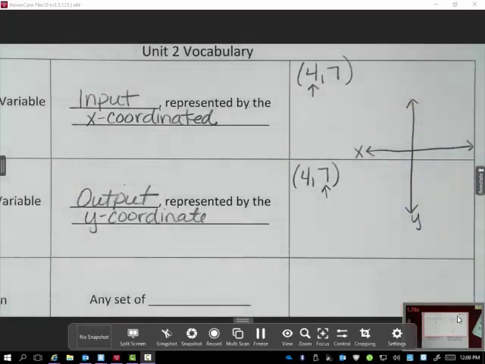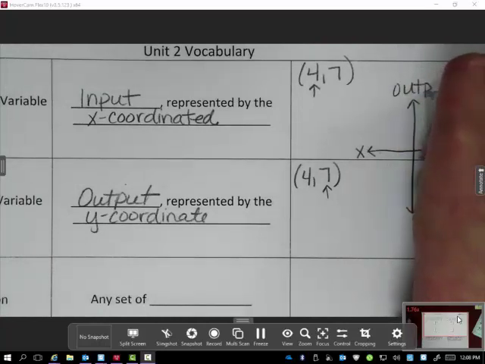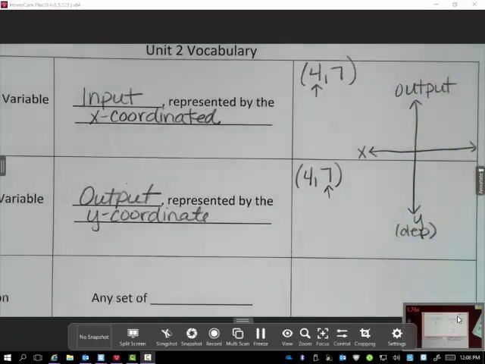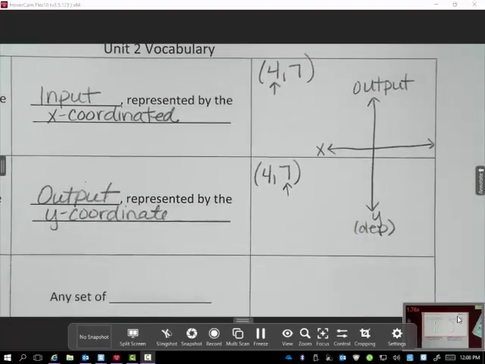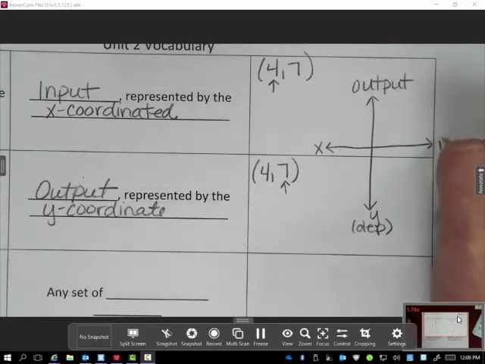All right. So what's another word we could use for the y-axis? Output or dependent. I'm just abbreviating dependent. What's another word for the x-axis? Input or independent.